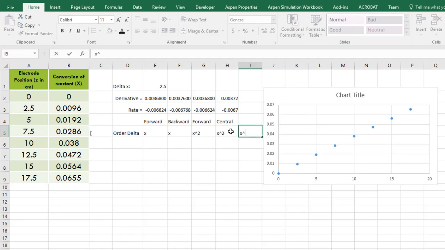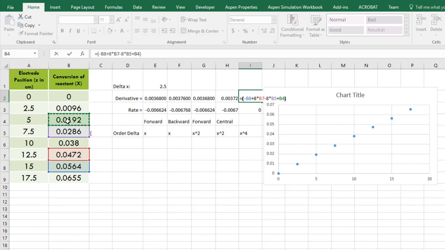And now then let me do the order delta x to the 4th. Okay, the derivative for that one is negative, parenthesis, negative f of x plus 2 delta x's plus 8 times f of x plus delta x minus 8 times f of x minus delta x plus f of x minus 2 delta x, all divided by 12, all divided by 2.5.